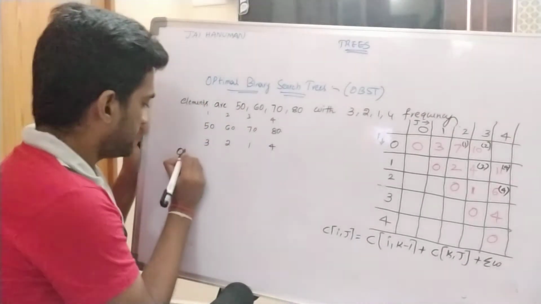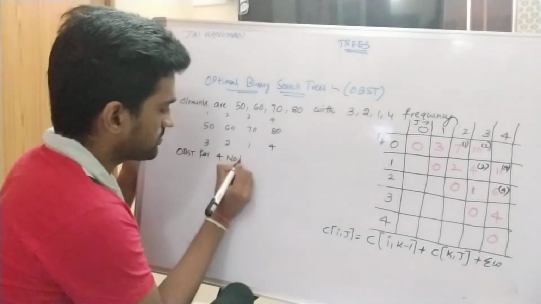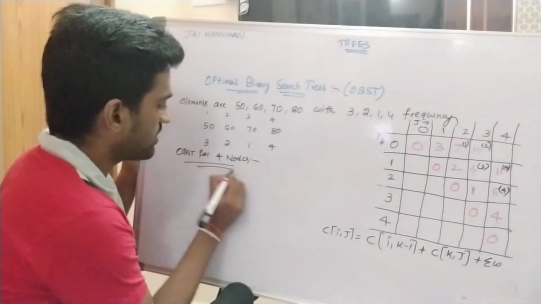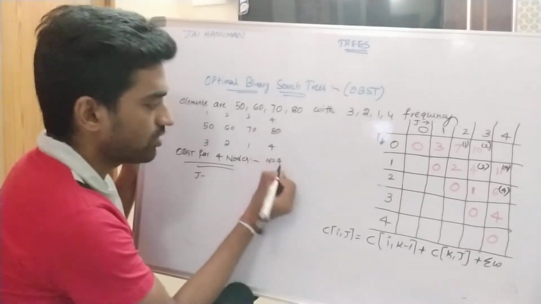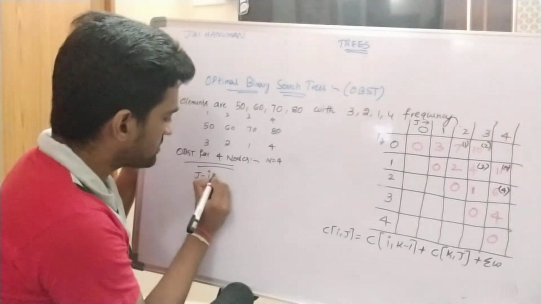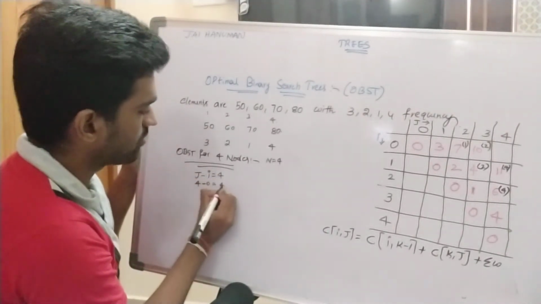So OBST for 4 nodes. Here n is equal to 4, j minus i is equal to 4, so in which case, 4 minus 0, 4.